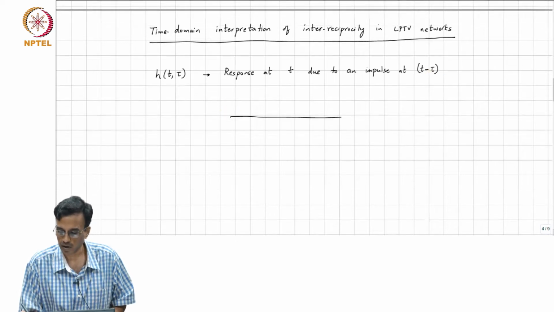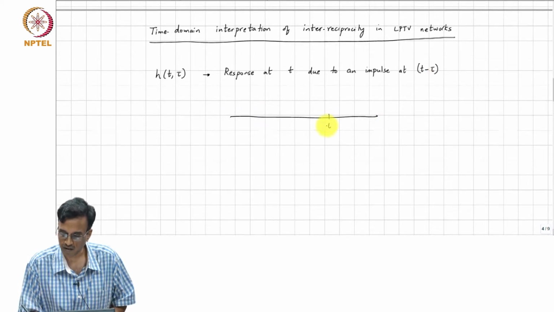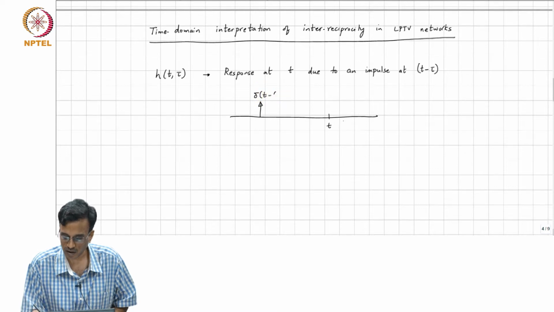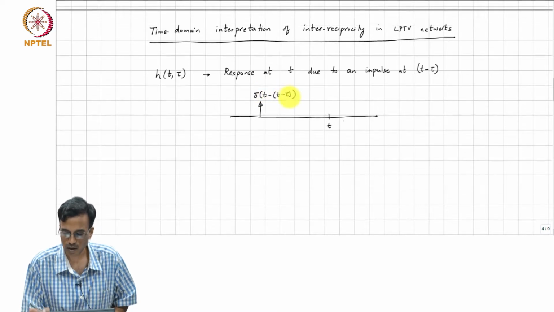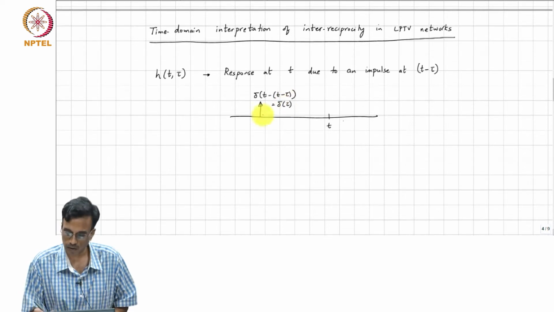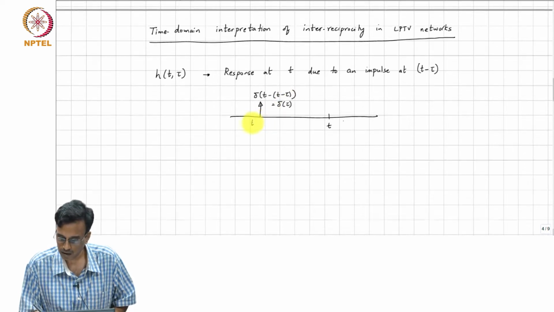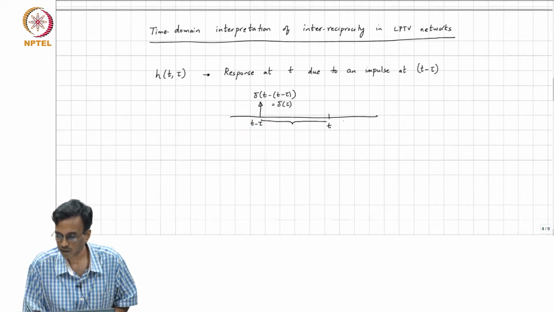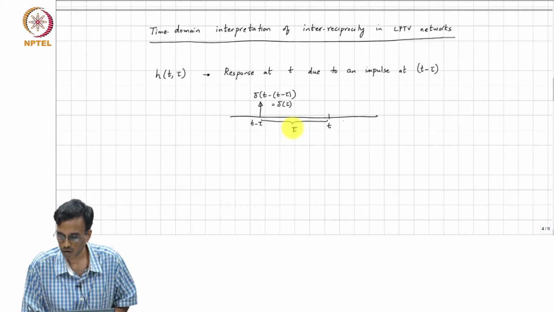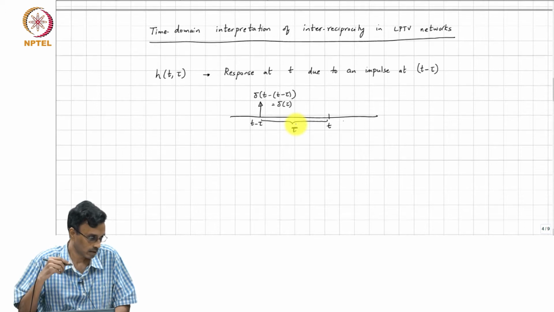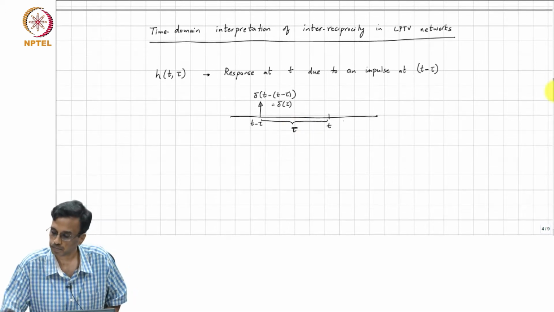So, in other words, rather in pictures, this is the time of measurement, this is the time of application of the impulse, which is basically delta of tau, okay, and this is t minus tau, and this is tau.